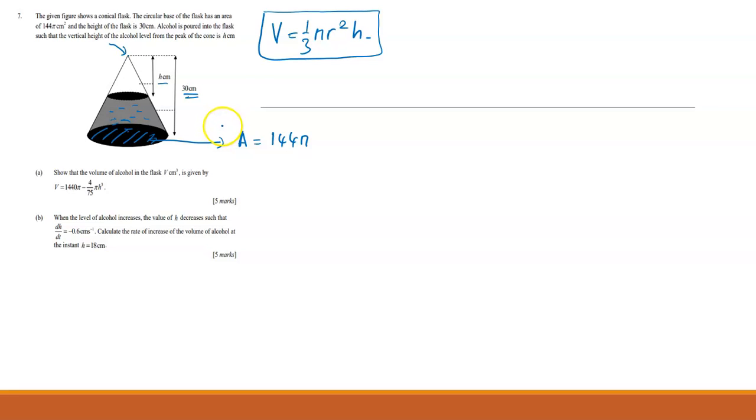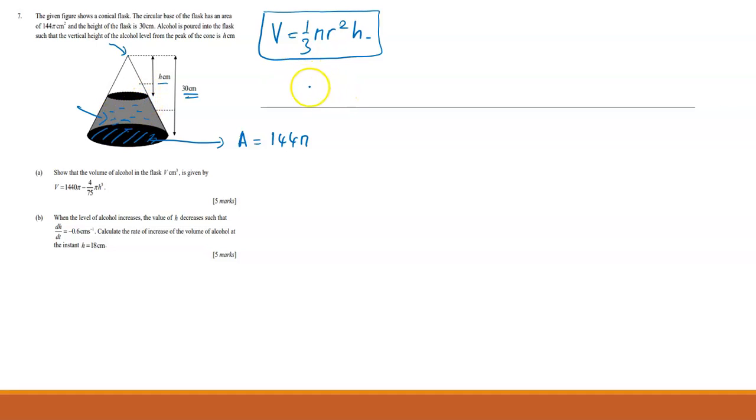The question wants us to find the volume of the alcohol inside, which means the whole volume of this cone minus the empty part of this cone. The whole volume minus this volume gives the volume of the alcohol inside.